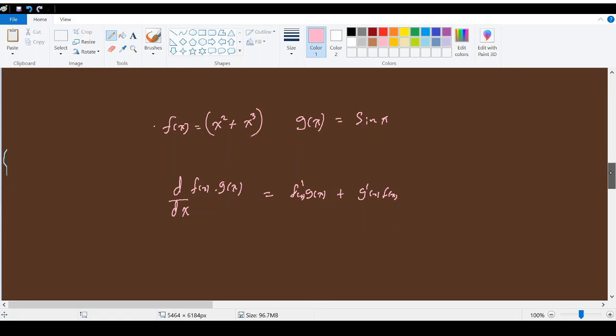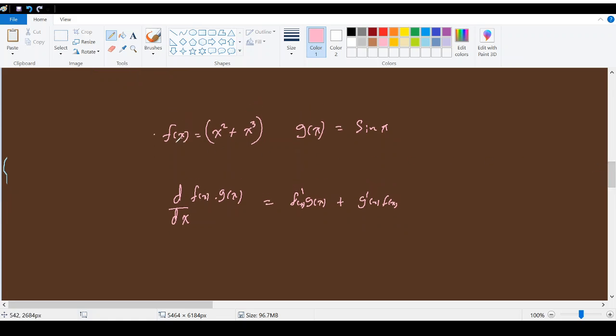But well, let's say instead of denoting this function as f(x), what if we denote the function with this letter only? It's just f, right?